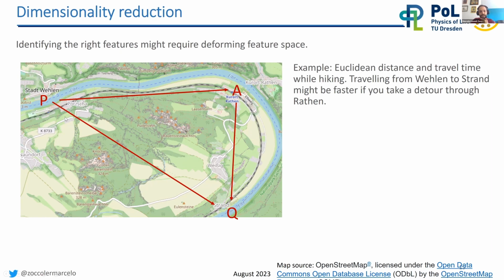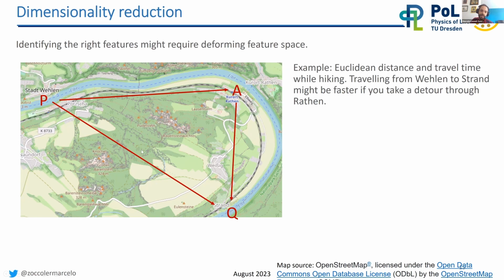So the easiest way would be to go from point P to point Q. Here we're just considering the distance when looking from the top. You might have another property you want to take into account, like travel time while you're hiking.